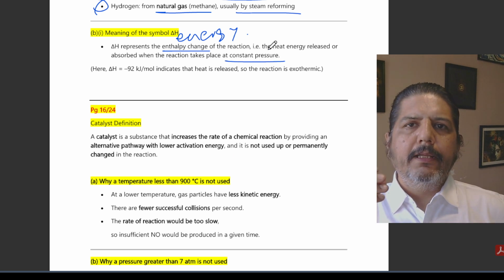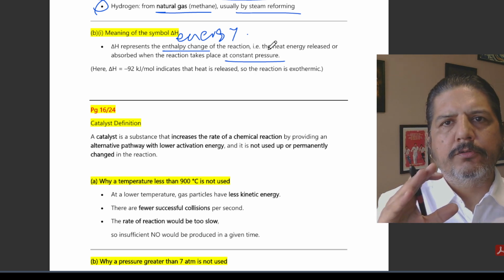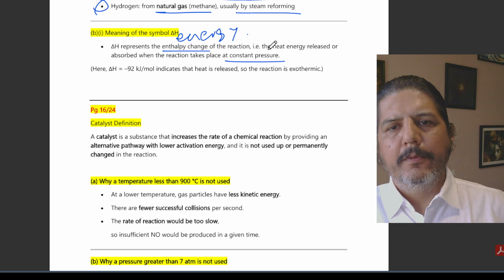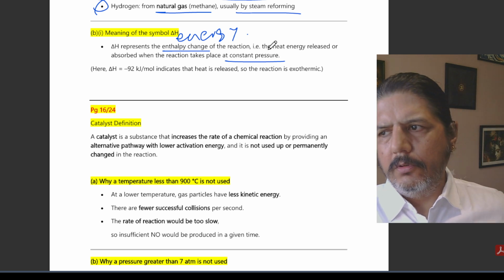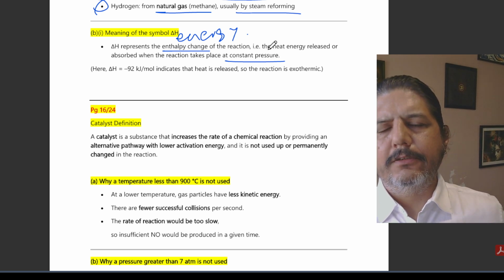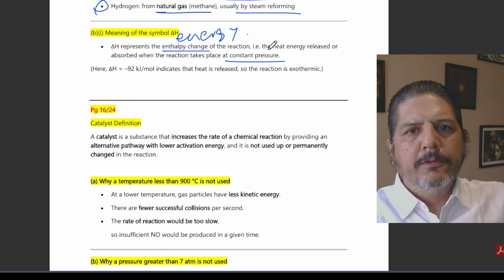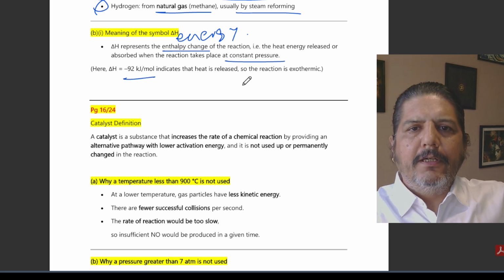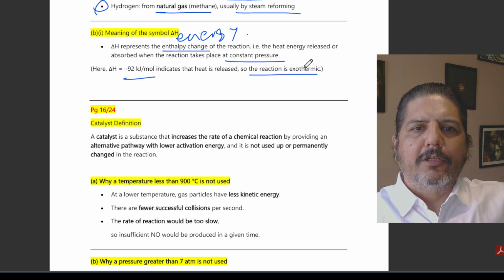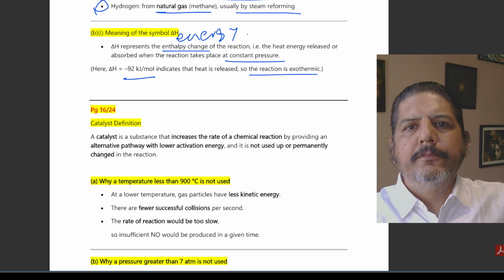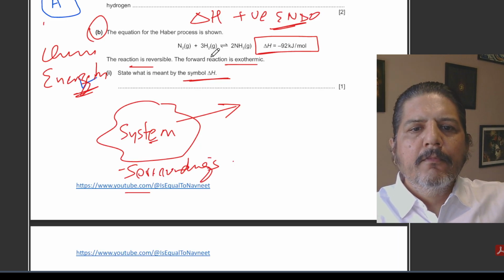So basically, energy change at constant pressure is called enthalpy. But that is not the word which is used in grade 9 and 10. Usually it is used in grade 11. But your teacher might have discussed this in the class. So this minus 92 indicates that the reaction is exothermic. So this is a definition that you can write.